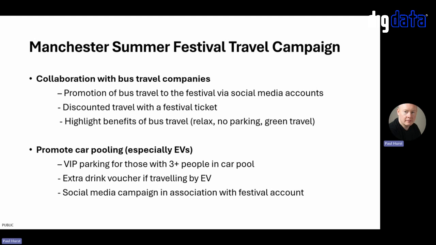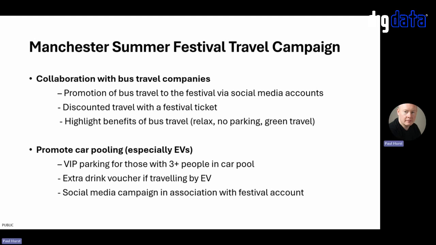And then the second part of that is promotion of carpooling, especially with electric vehicles. So people who travel with EV vehicles get VIP parking available for those with 3+ people in the carpool, an extra drink voucher if traveling by an electric vehicle, and a social media campaign in association with the festival accounts, things like Instagram or Facebook.